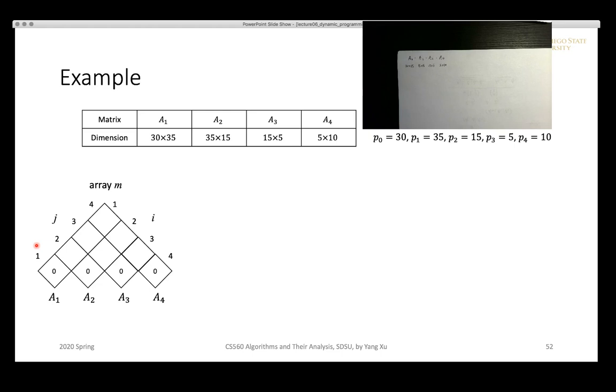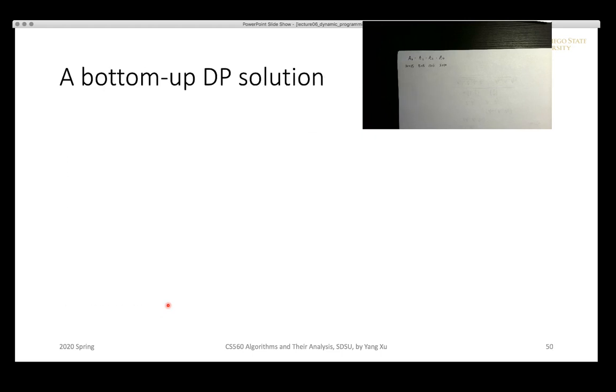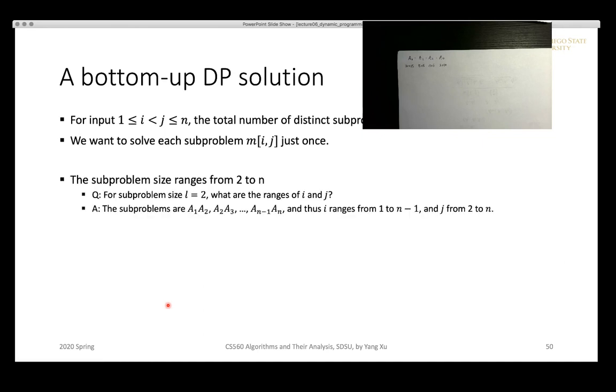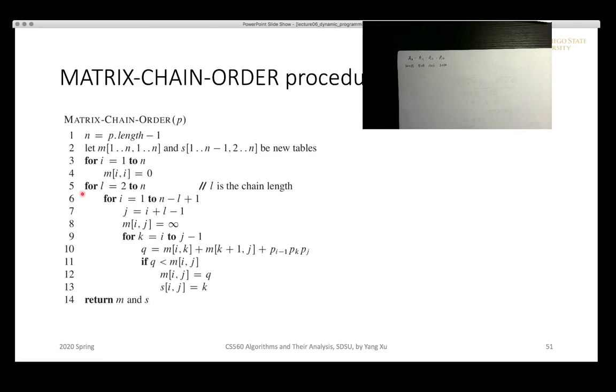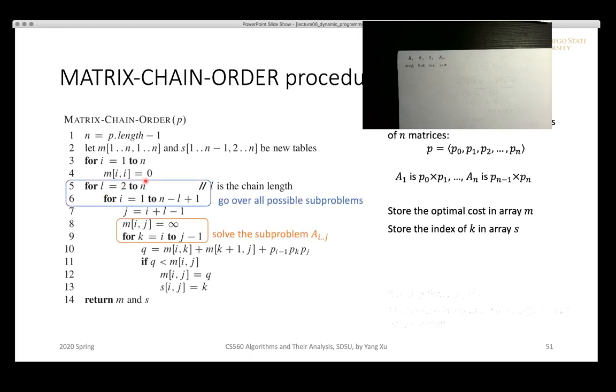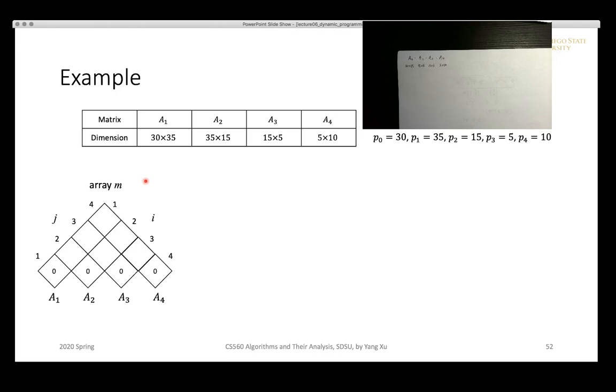And it turns out this is quite a useful way of doing the calculation, because in lines 3 to 4 of the code in the previous slide, we initialize the diagonal elements to 0. So that's why we have zeros at the bottom elements. This one is M11, and this 0 corresponds to M22, M33 and M44.